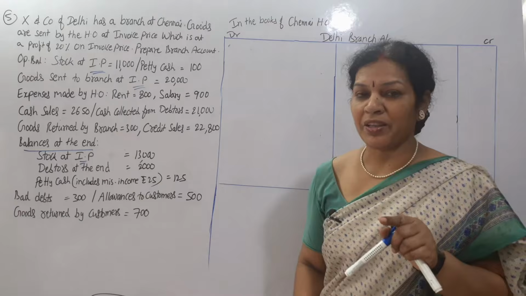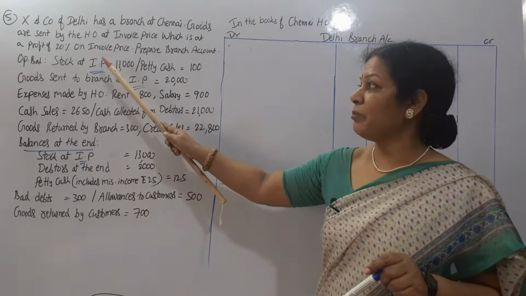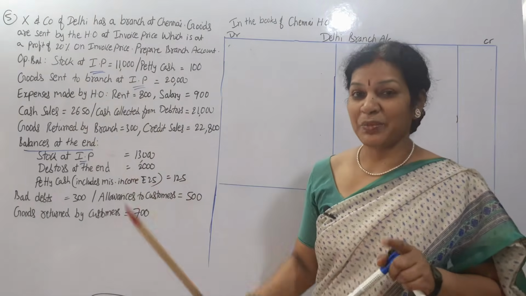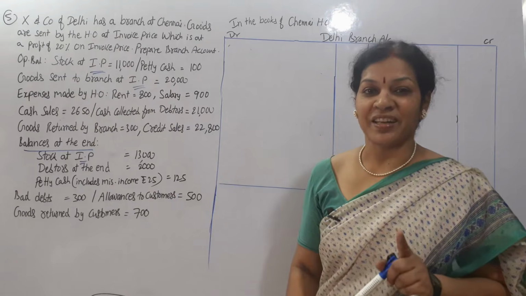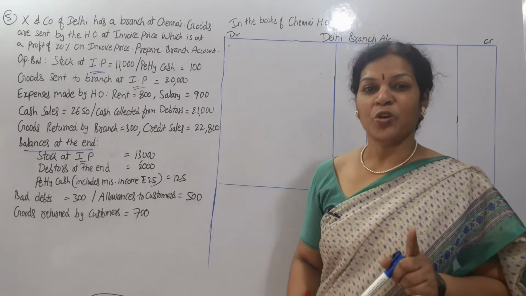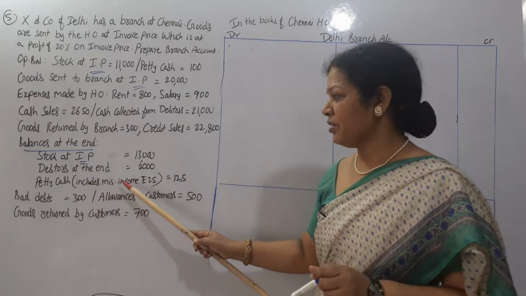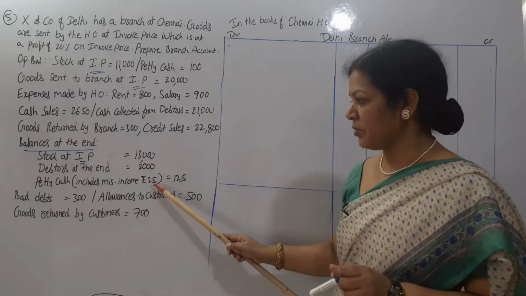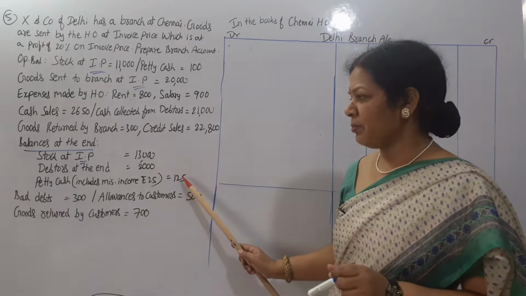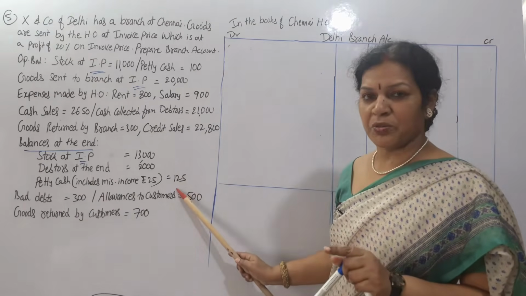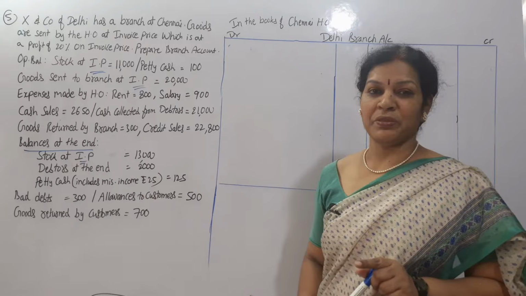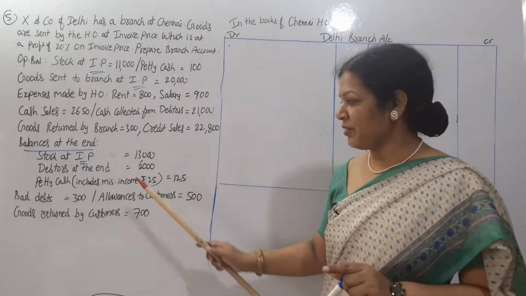Debtors means closing balance of debtors is given. Opening balance of debtors, no. It means we have to open the debtors account because the opening balance of debtors is not given, okay. And petty cash includes miscellaneous income of 25 rupees. Total petty cash at the end of the year is 125. In this, 25 rupees miscellaneous income is there. That we'll see later.